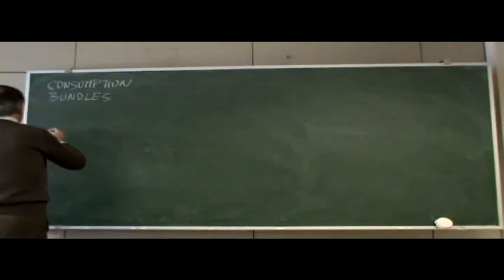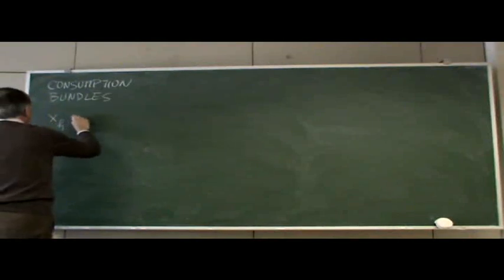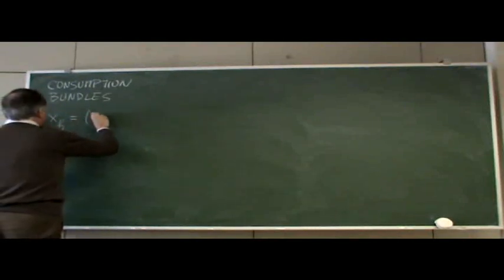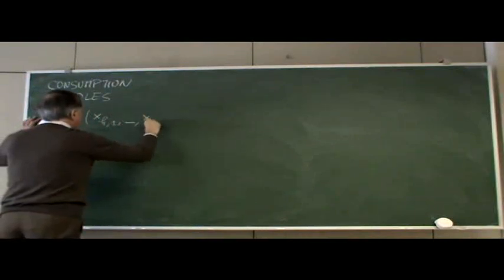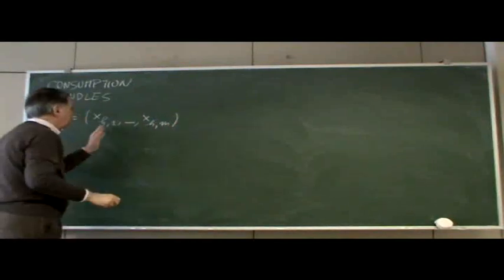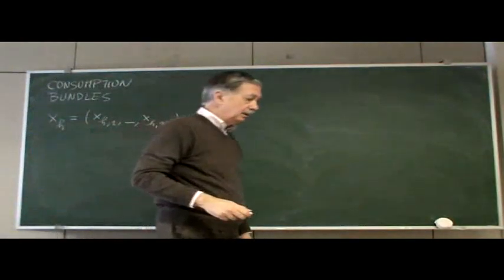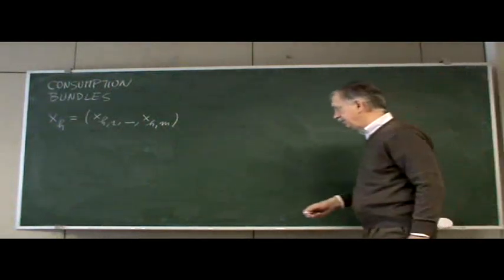Let us consider household H. A consumption bundle is an n-dimensional vector which tells us what are the quantities of good 1, good 2, etc., good n, which are consumed by our subject.